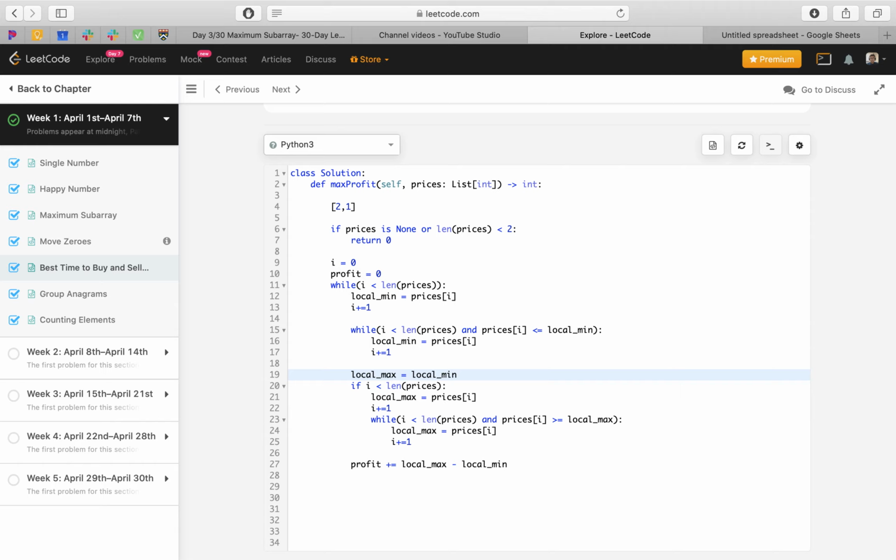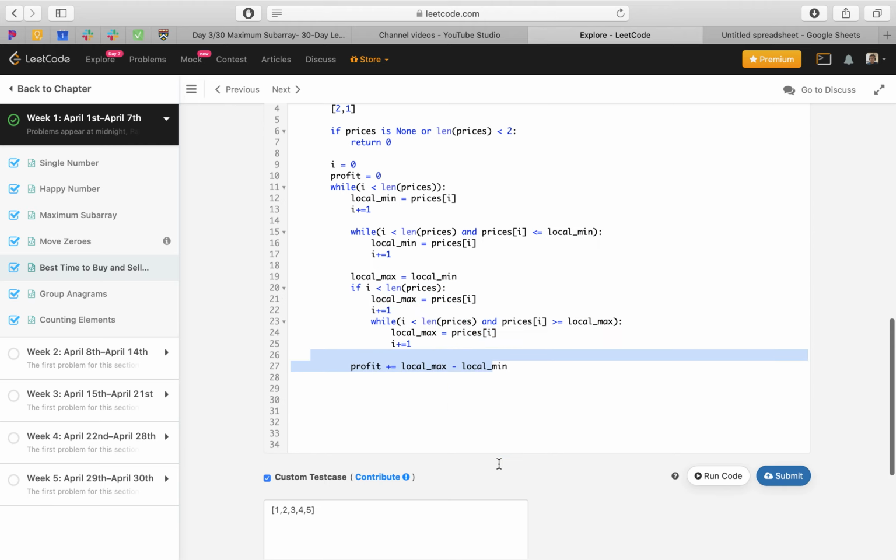So this will cancel out. So in this case, the local min would be 1, and this loop is not going to run. So the local min and local max are equal, and then the profit should be 0.